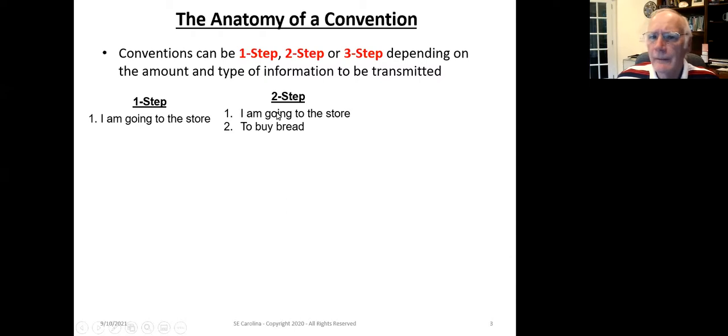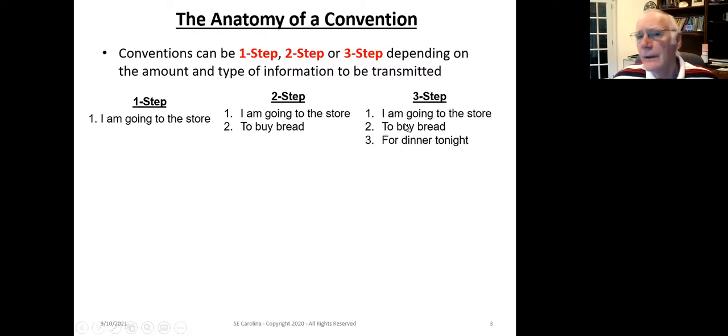The first part is the declarative, and the second part is the purpose of what you're going to do. And in a three-step, you're giving a third phrase of the sentence, saying, I'm going to the store to buy bread for dinner tonight. That is the structure that we use in bridge conventions.